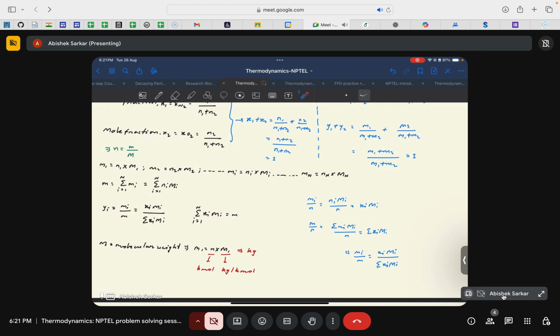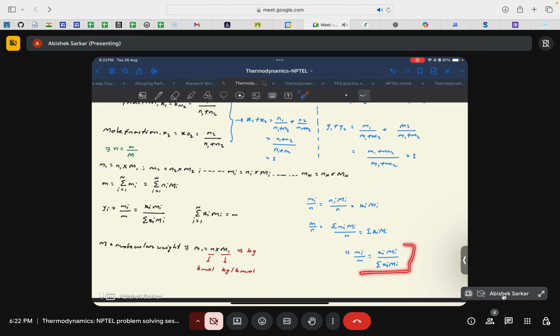Similarly, if you take the ratio of the total mass of the gases divided by the total number of moles, you will get the summation of ni Mi divided by n. Considering this division, the summation of ni by n gives the summation of xi times Mi. So now if you divide both of these terms, you will get mi by m is equal to xi Mi divided by the summation of xi times Mi.